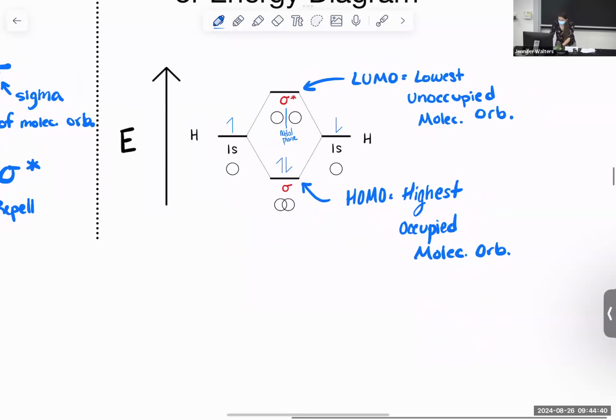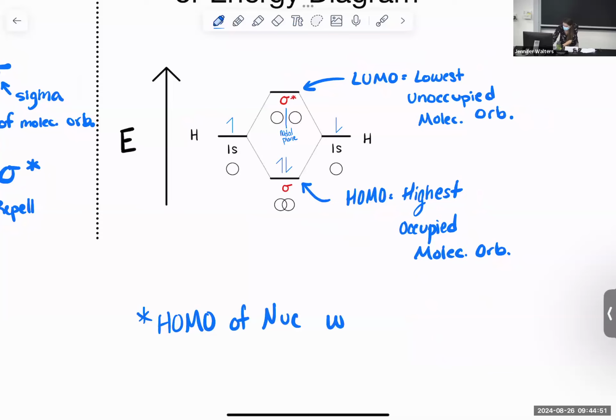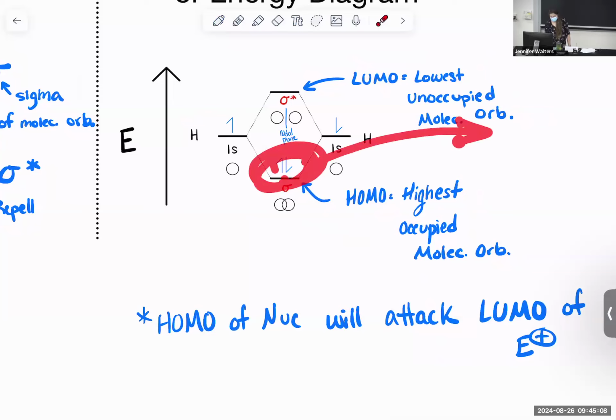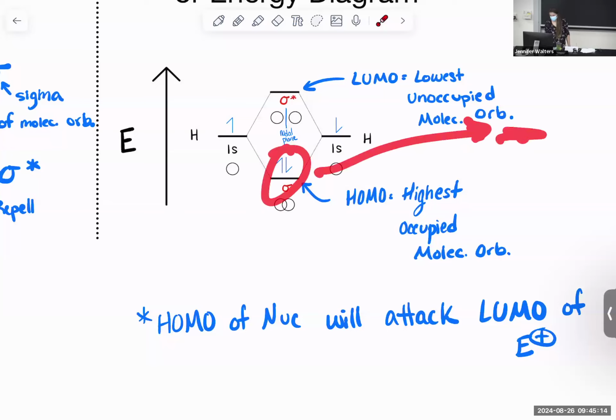The relevance of that is that the electrons of the HOMO of our nucleophile, which we will define later, will attack the LUMO of our electrophile. And that's how we're going to make our bonds, is that it's going to be these electrons going into the LUMO of a different molecule usually, coming over, filling that sigma star or pi star, and that's going to be what actually breaks the bonds, and it's going to make the chemical reactions occur.